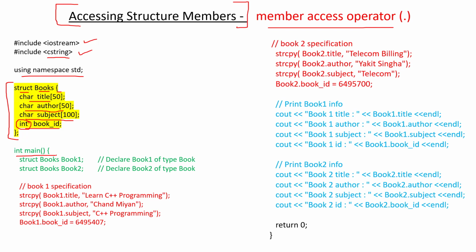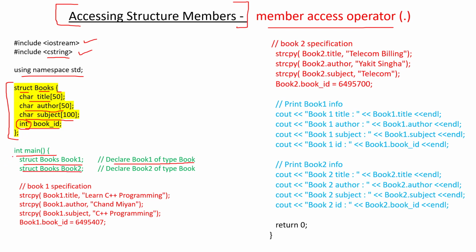Then the integer main program. You have struct books book1, which will declare book1 of type books, and struct books book2.